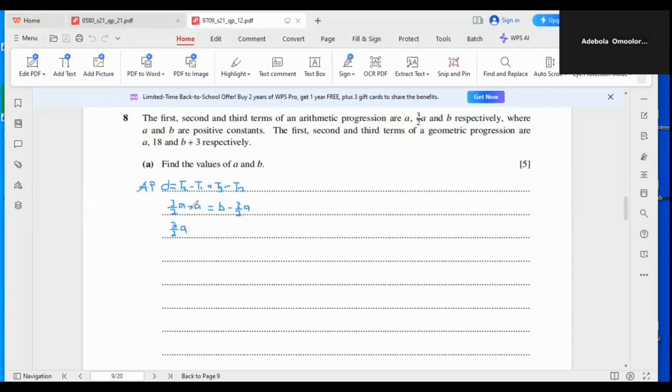Before I write this minus A, I want to bring this minus 3 over 2A up to this side to make it a positive. So 3 over 2A plus 3 over 2A minus A is equal to B.